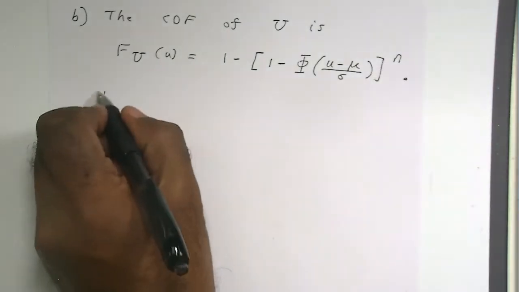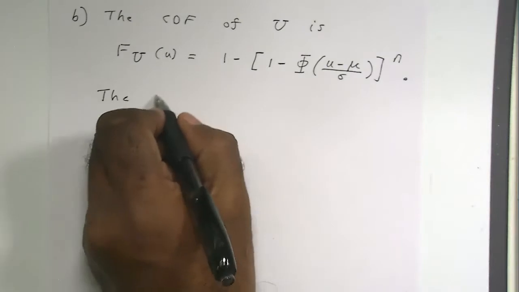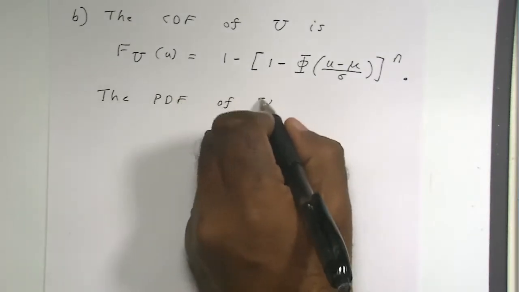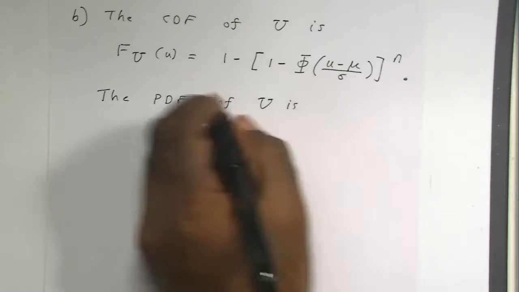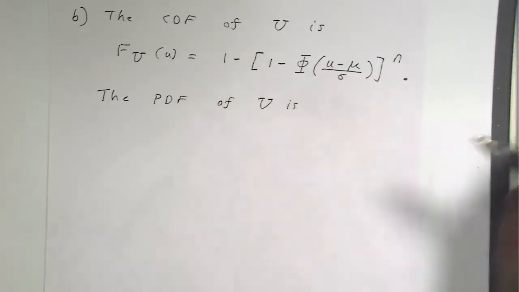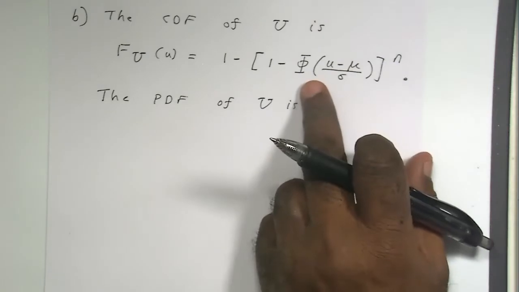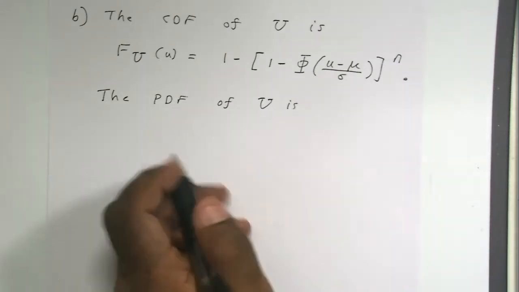And the PDF of U. Do you guys see where this is coming from? Let me show you in case you forgot. This is the formula that I'm using. I'm using this formula here to get this, right? And to get the PDF, I'm using this formula here.